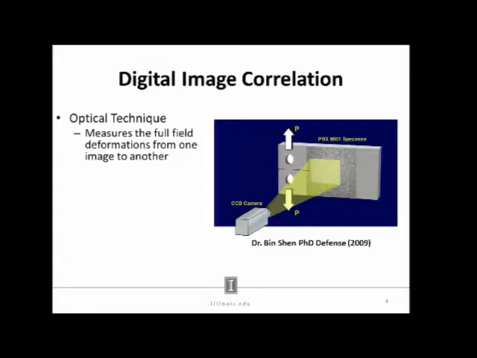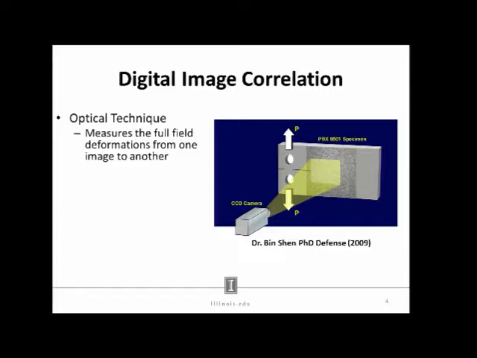It doesn't have to be a fracture specimen. We've used digital image correlation in other areas of asphalt. Other researchers have used it dealing with uniaxial compression tests.